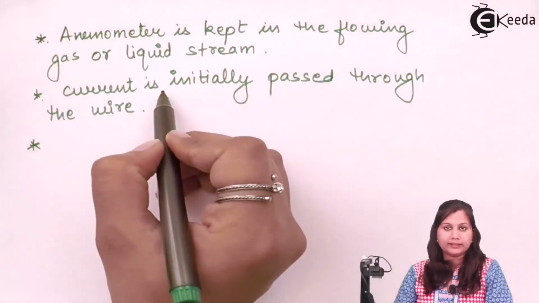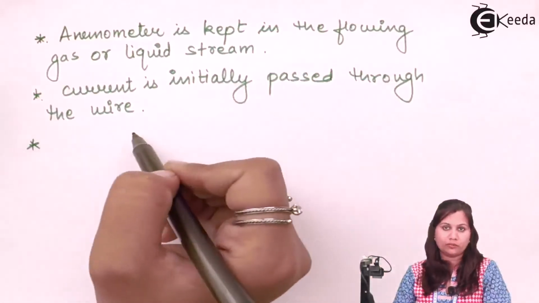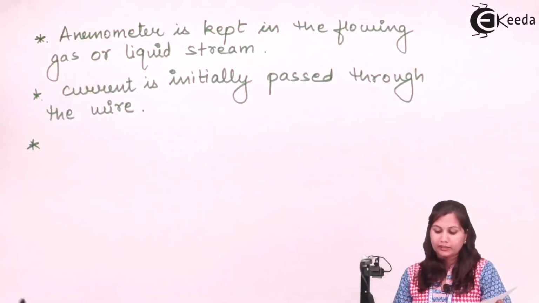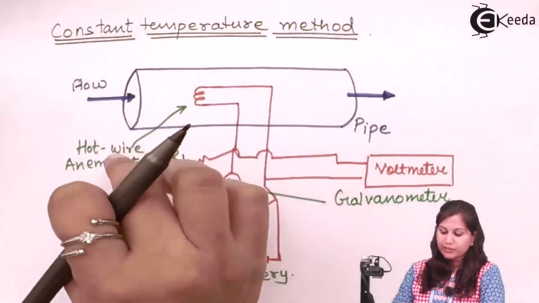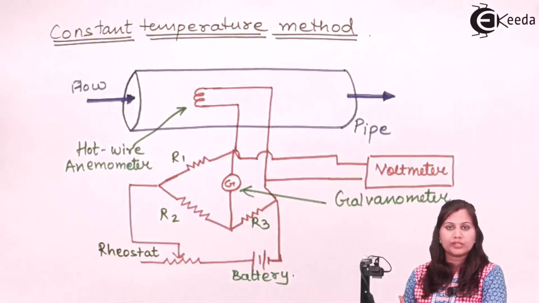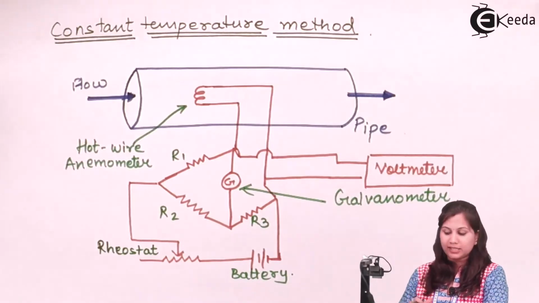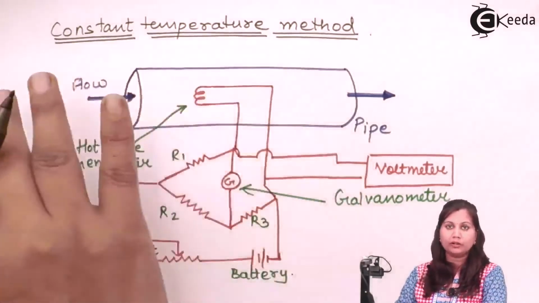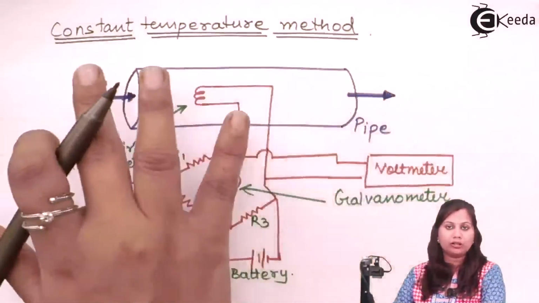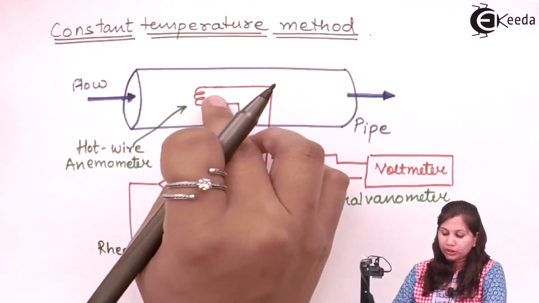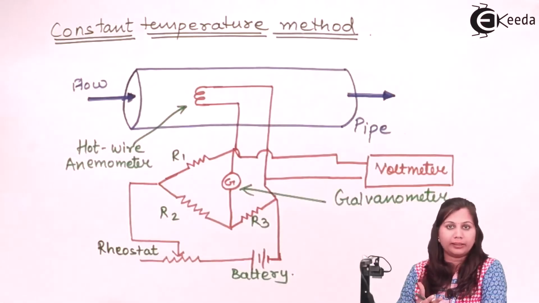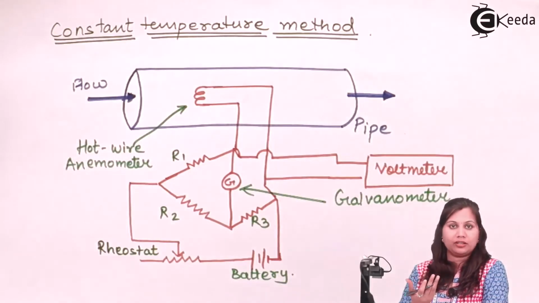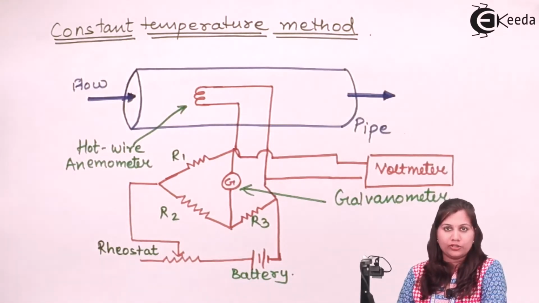Now the current is initially passed through the wire. Due to the fluid flow or the gas flow, this hot wire is going to lose its temperature, because heat is transferred from the hot wire to the flowing fluid or gas. Due to the heat transferred, there is a change in temperature, a change in resistance, and due to the resistance change, the current also changes.